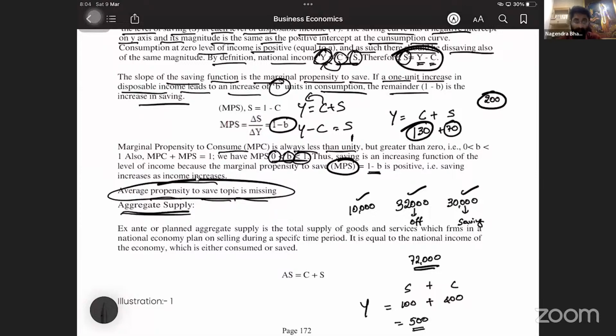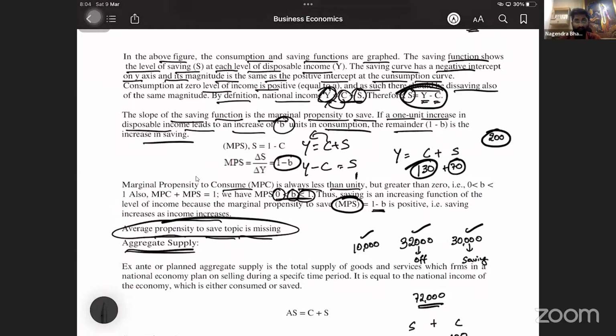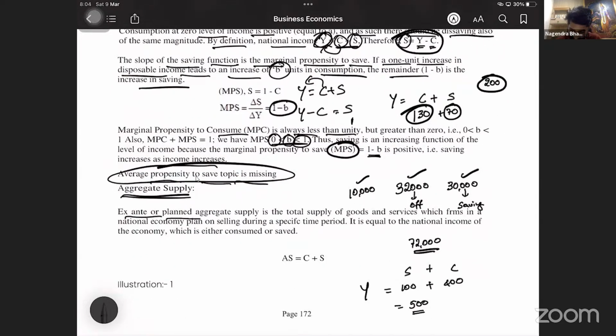So aggregate supply. What is aggregate supply? See, we discussed about aggregate demand. Now we have to discuss about aggregate supply. So ex ante or planned aggregate supply is total supply of the goods and services which firms in a national economy plan on selling in a specific time period.